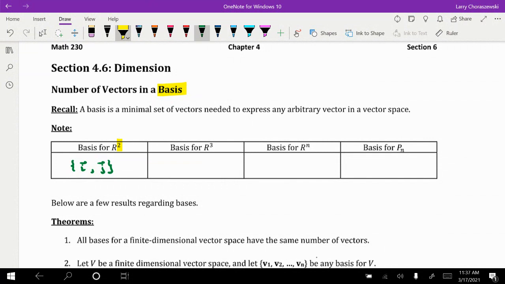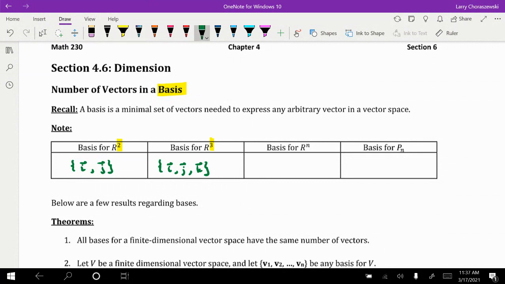A basis for R3 would consist of the vectors i, j, and k. This isn't the only basis. We had 3 vectors yesterday that were different from these that form a basis for R3. But whichever basis you look at, the basis consisted of 3 vectors, and that happens to be the dimension of R3.